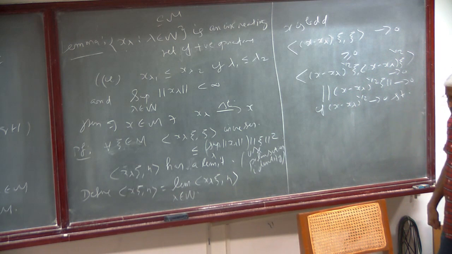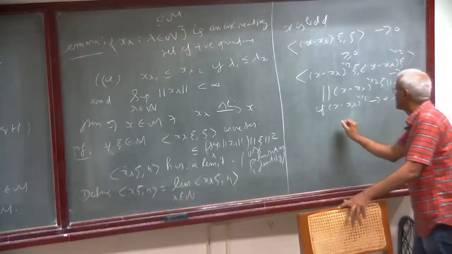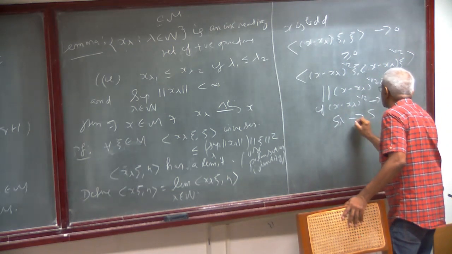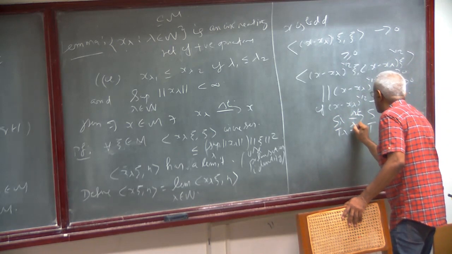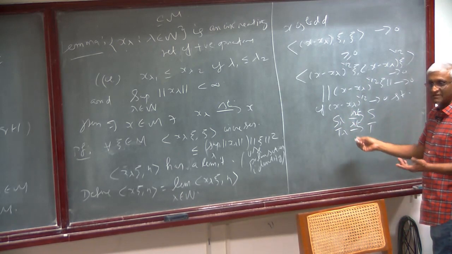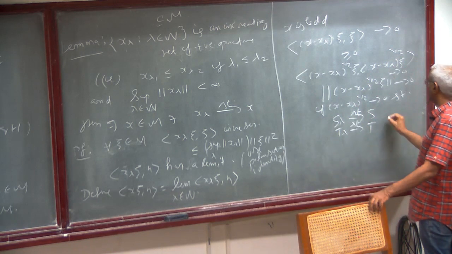But then if we have a uniformly bounded net, then strong convergence is continuous in both variables. I mean, if S lambda converges to S strongly and T lambda converges to T strongly, of course, for sequences it will work because they will be uniformly bounded.